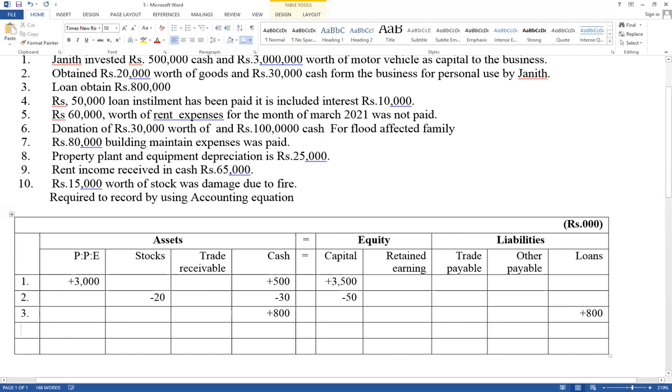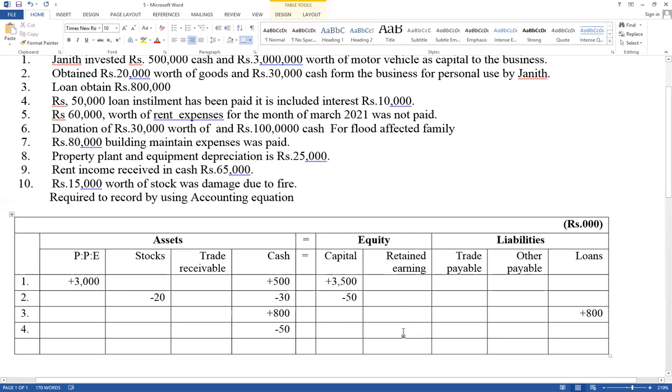But it was paid in cash, therefore the effect is cash decrease, cash minus 50,000. Record values in 1,000. But it includes interest. It has given interest 10,000. Interest is an expense. Expense affects equity. But since equity is given separately as capital and retained earnings, income and expense effects should be recorded in the retained earnings column.